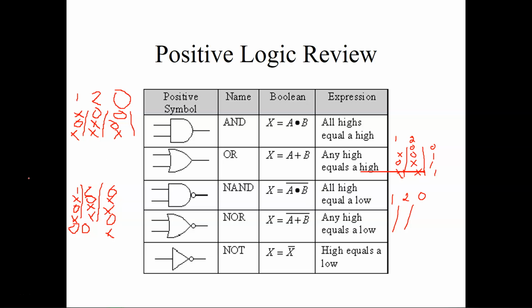For the truth table here, any time you have an input, you will not get an output.